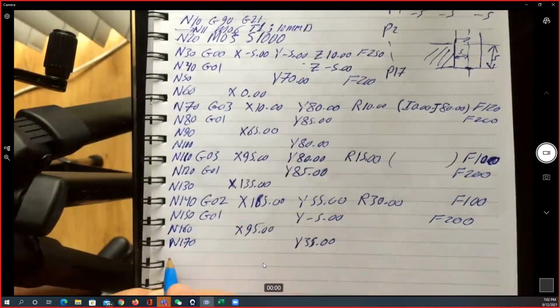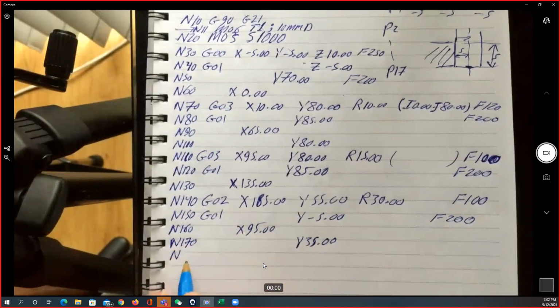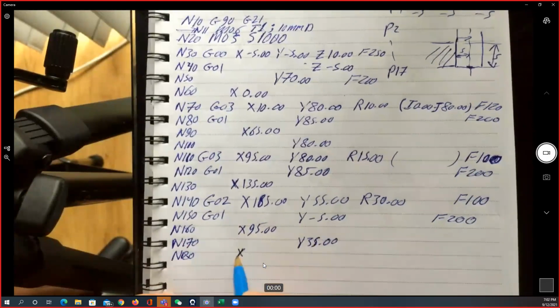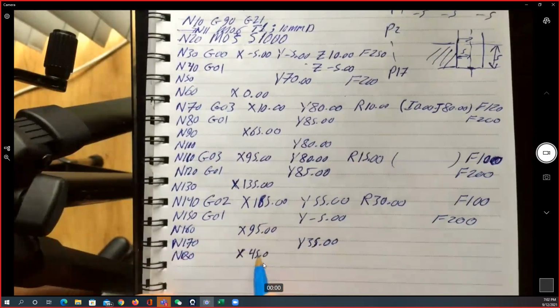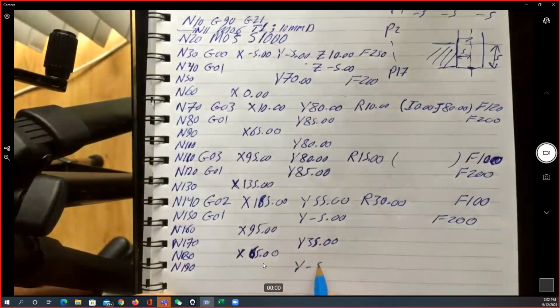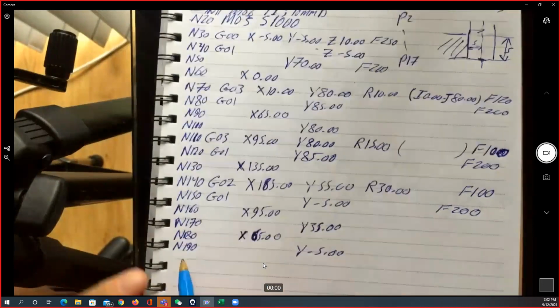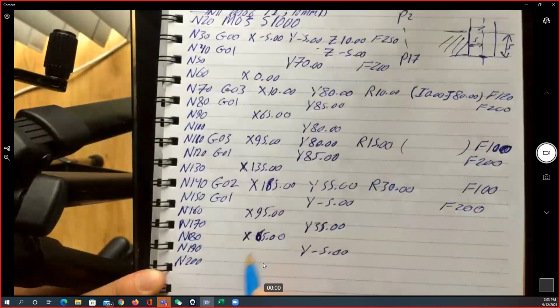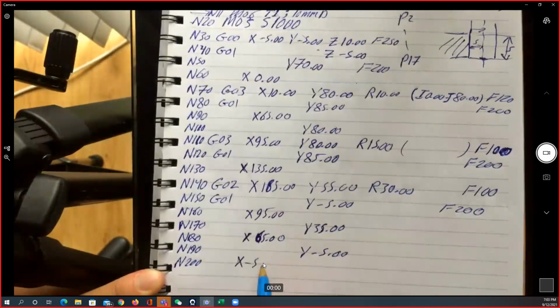The step after, N180, we're going to the X equal to 45. N190, the Y remains the same, we're going to the Y equal to -5. And finally, we go to N200, where I'll write them both. The X is equal to -5.